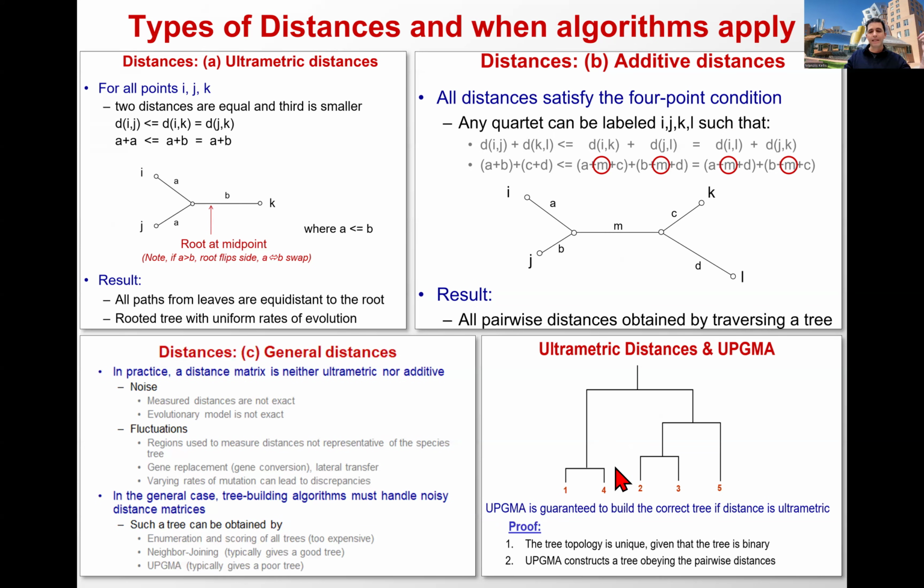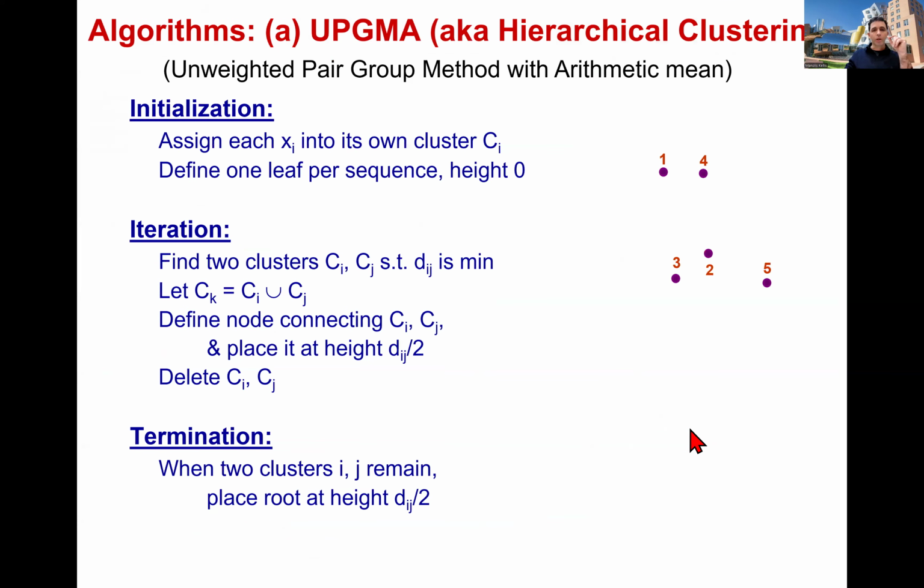So UPGMA is effectively a clustering algorithm that says I'm going to find the two closest species, group them, and put the midpoint. I'm going to find the next closest, group them, and put the midpoint, and so on. And if indeed my tree was generated by such a process, then this algorithm is guaranteed to find the correct tree. If it wasn't, absolutely no guarantees. So far, so good?